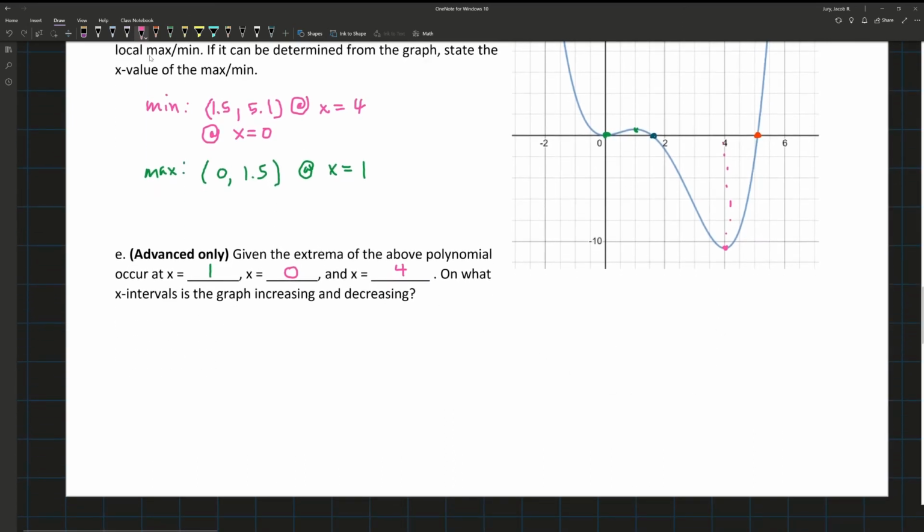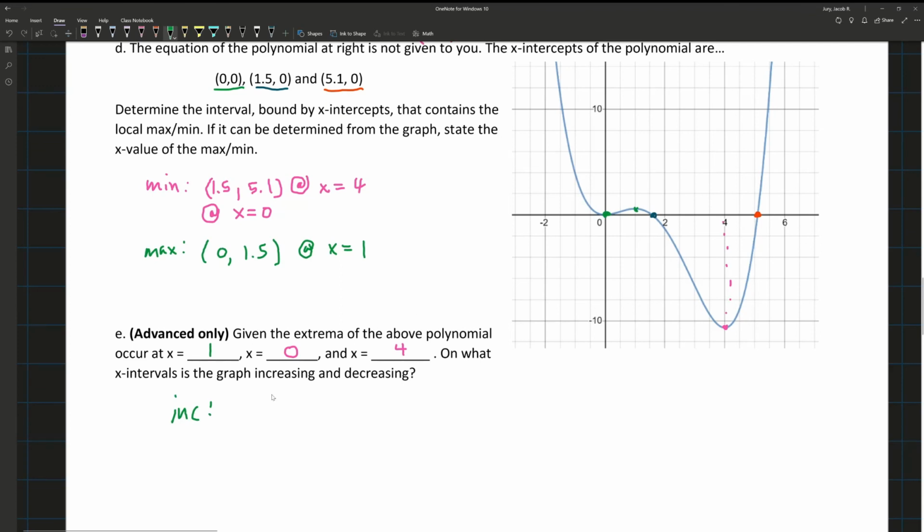So for increasing intervals, this graph is increasing, I'll do it in blue, from 0 to the maximum, and then from minimums to positive infinity.